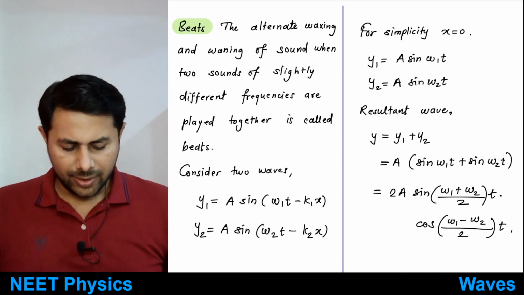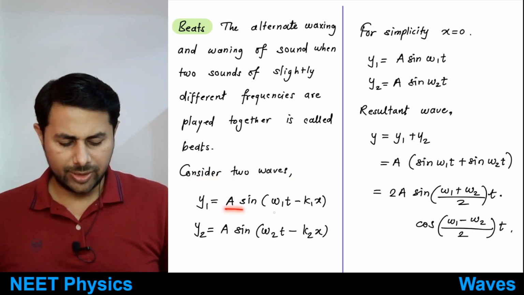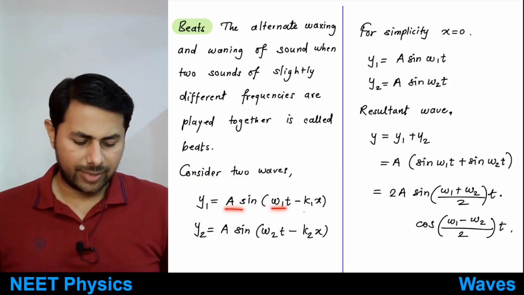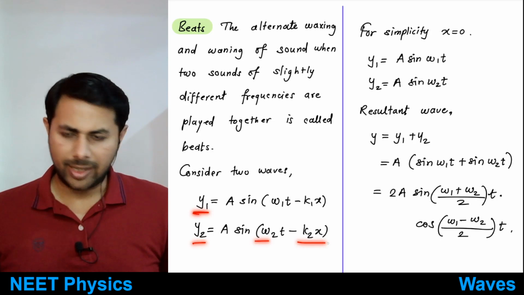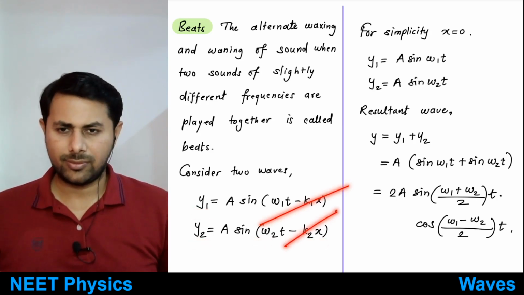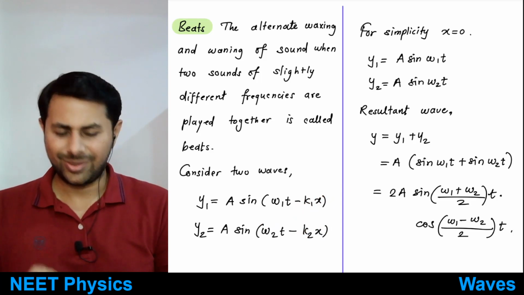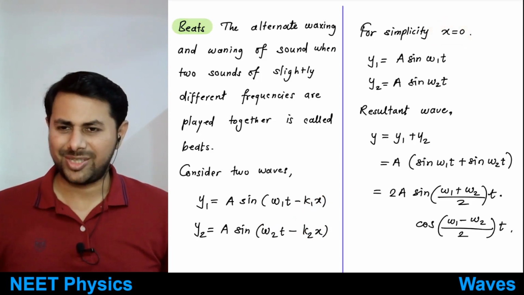So now let's consider two waves. y1 is equal to a sin(omega1 t minus k1 x), this is the first one, and y2 is equal to a sin(omega2 t minus k2 x), this is the second one. Put x equal to 0, fix some point of a medium for simplicity.